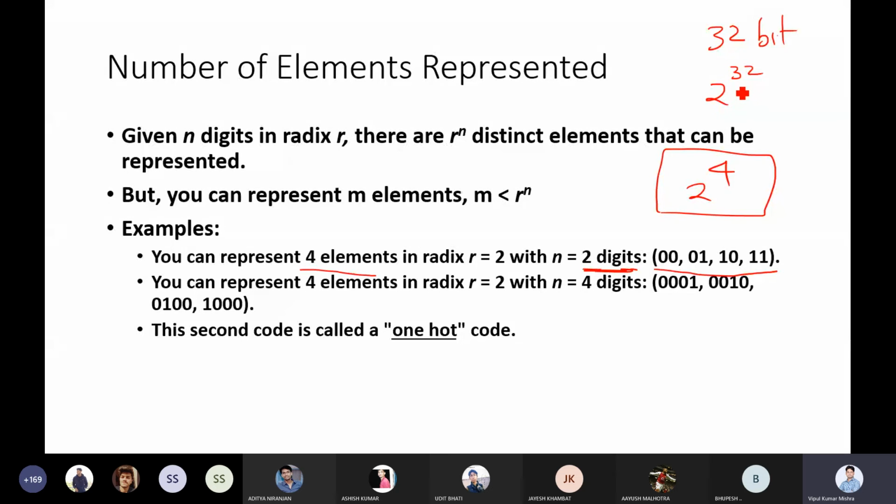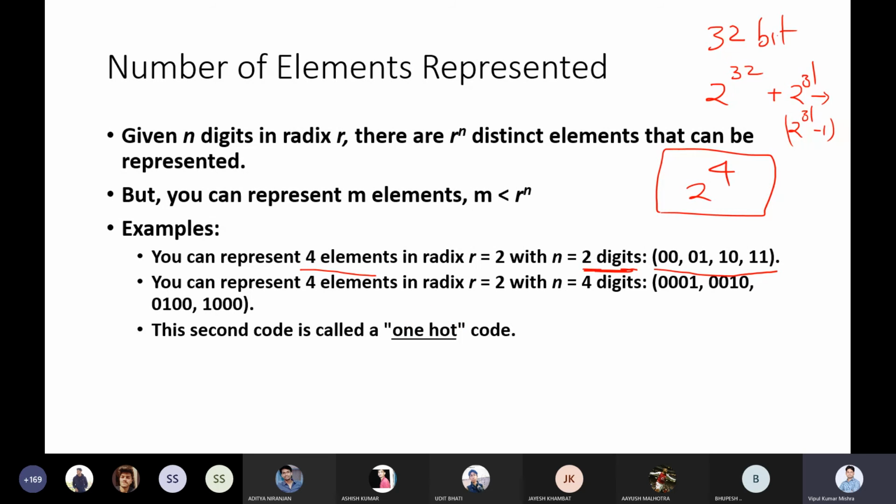If you have a sign bit, then what will happen? If you are representing sign as well, meaning negative numbers are also there, then you can represent from minus 2 to the power 31 till plus 2 to the power 31 minus 1, something like this. So this is how you can represent a number and the number of bits required.